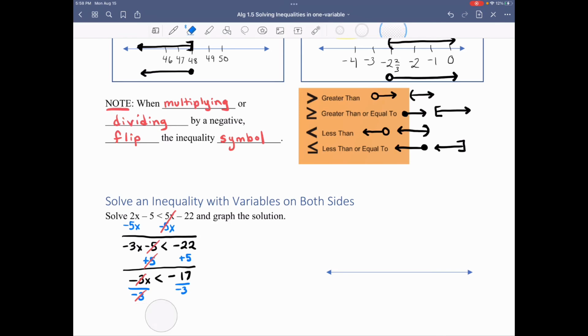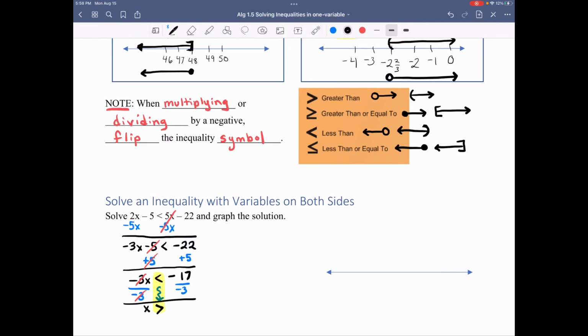It's not less than anymore because we have to flip the inequality symbol. So this has to flip because we multiplied or divided by a negative. Don't forget this part. So that is no longer going to be less than, it's going to be greater than. It flipped because we divided by a negative.